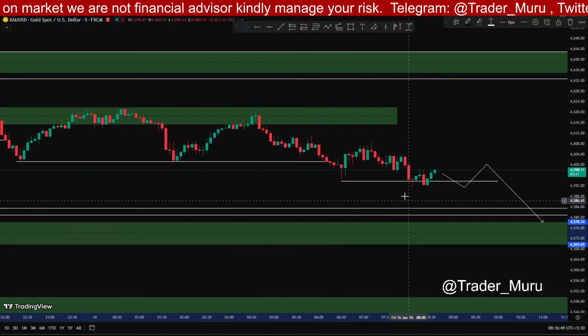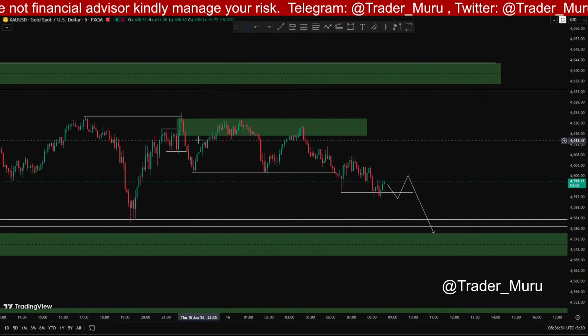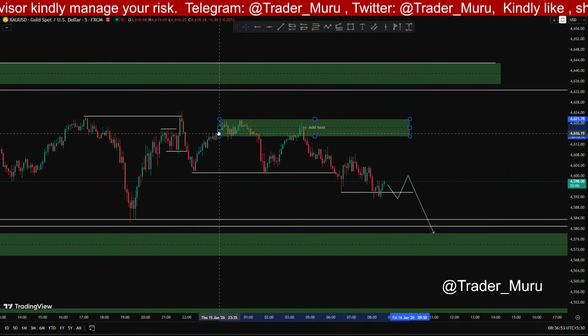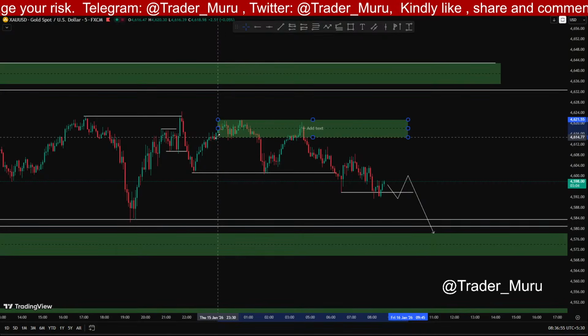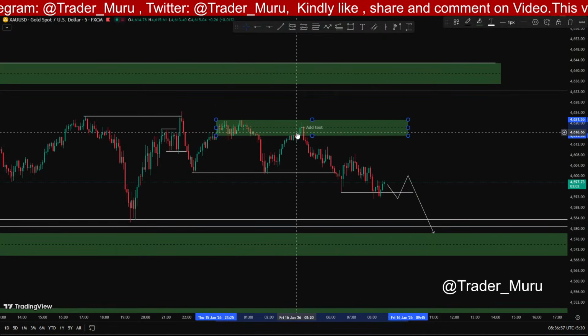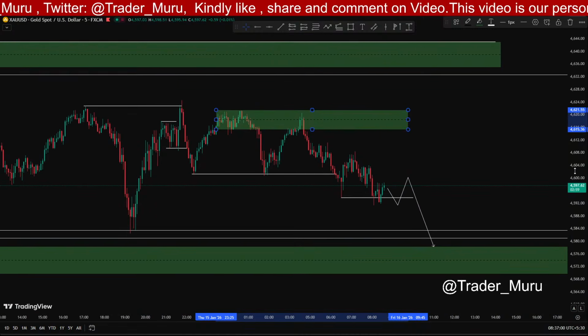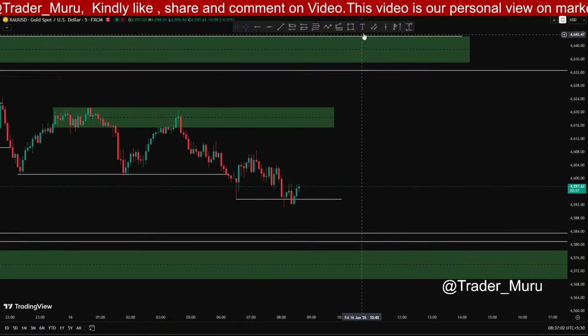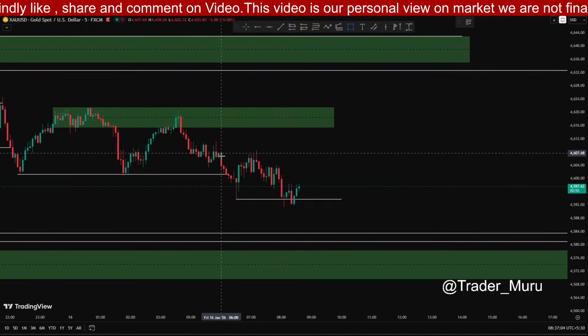5-minute time frame, the same structure. Price is rejecting from here and you can clearly see a complete structure here, and price will not go above this zone.